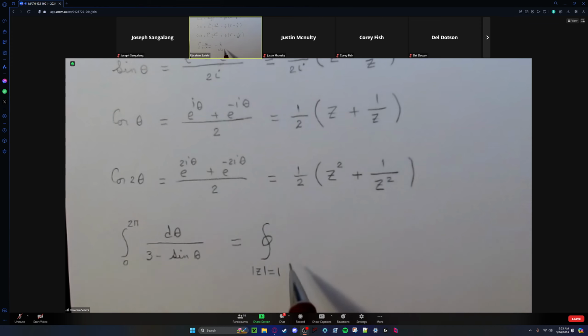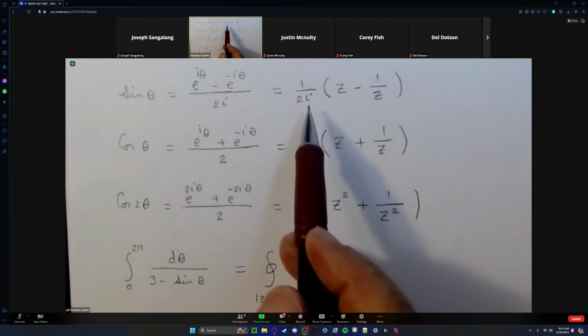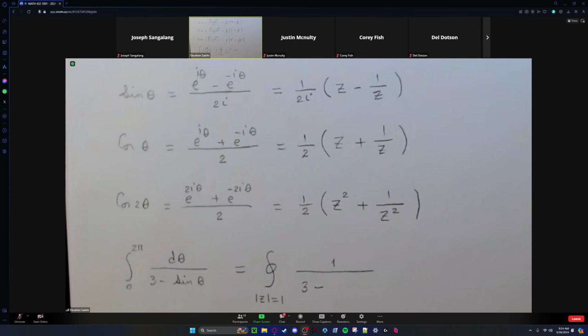We know what d theta is, right? Three minus sine theta, and here is sine theta in terms of z. So 1 over 2i times z minus 1 over z.